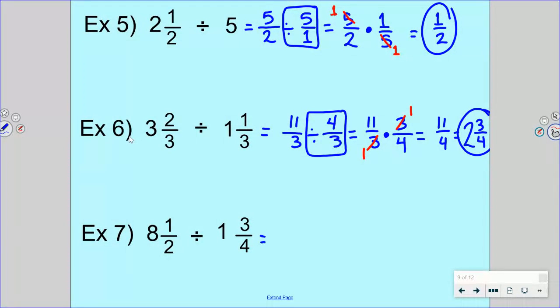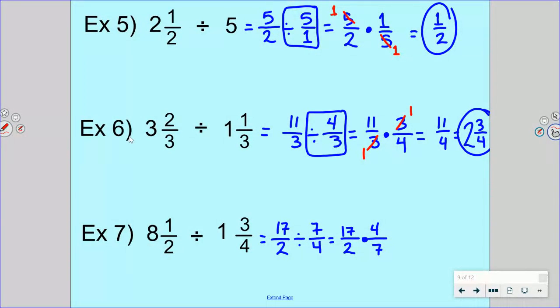Last but not least, rewrite 8 1/2 as 17 halves. Rewrite 1 3/4 as 7/4. Change that into multiplying by the multiplicative inverse.